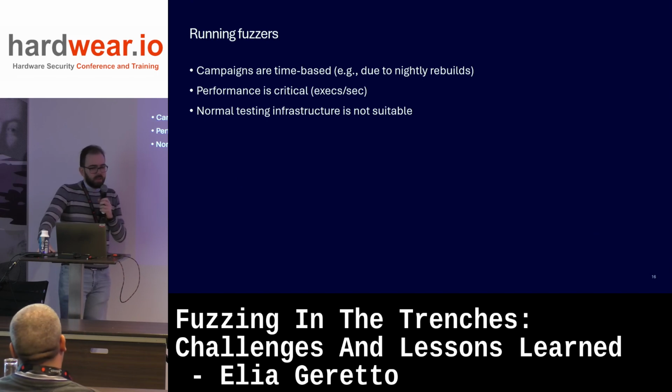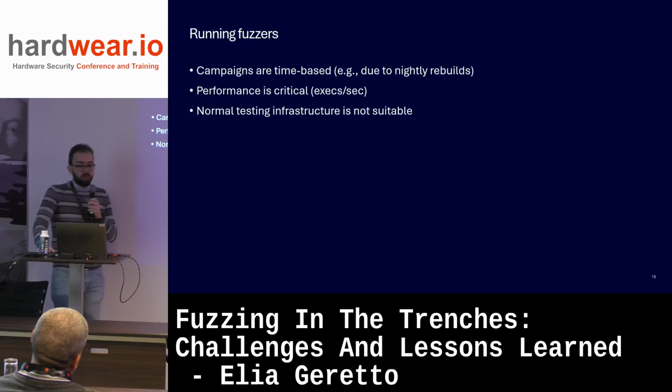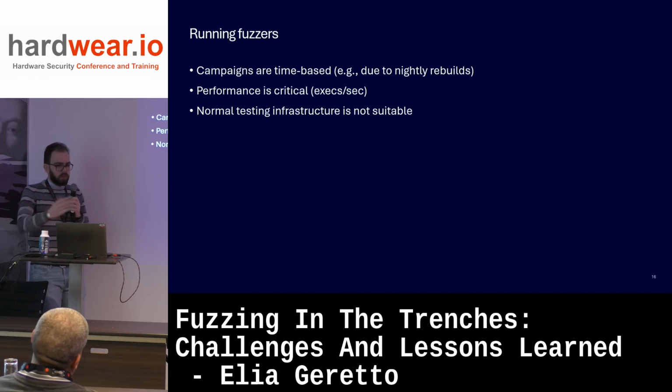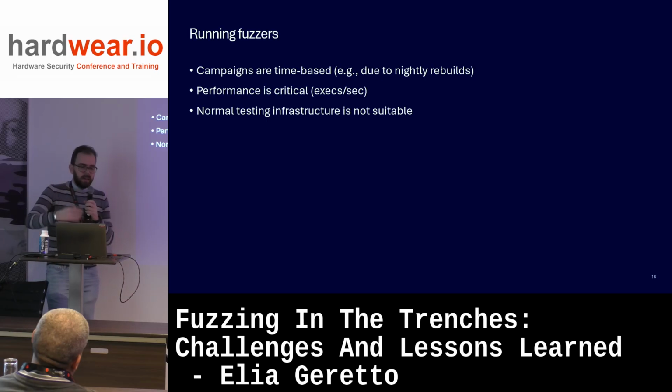So you end up with software that is supposed to be very reliable, because it is running a very intensive, very demanding process in terms of resources, and it can be broken very easily because the fuzzer may not be contained correctly or things like this.